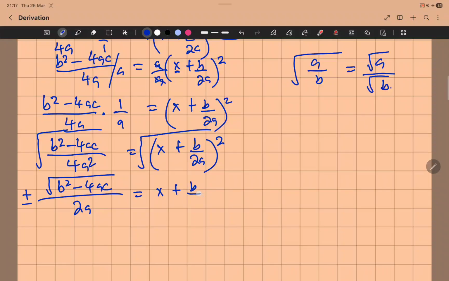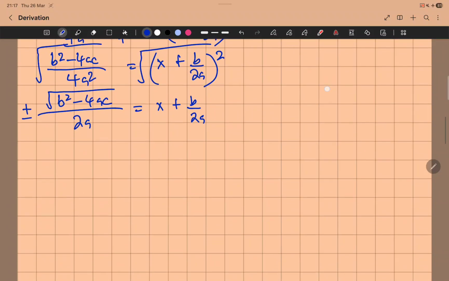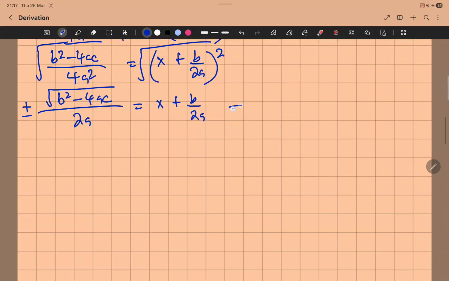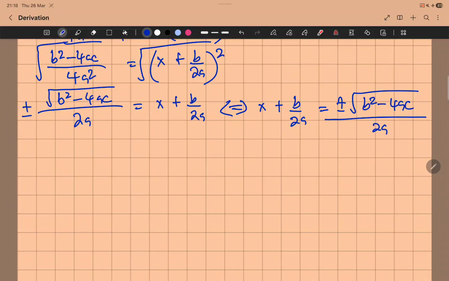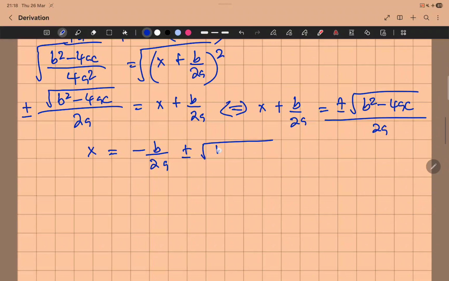It becomes x plus b over 2a. We are now solving for x. So x plus b over 2a is equal to plus or minus the square root of b squared minus 4ac, all that over 2a. So then x is equal to negative b over 2a plus or minus the square root of b squared minus 4ac over 2a.